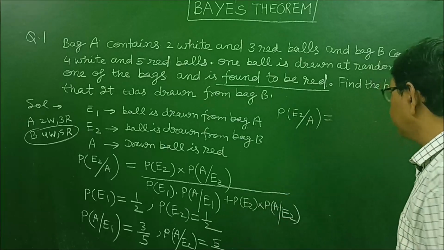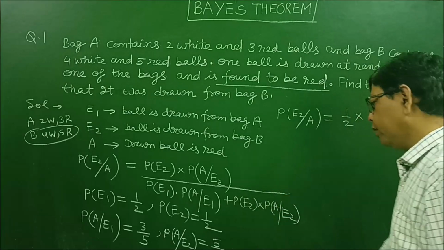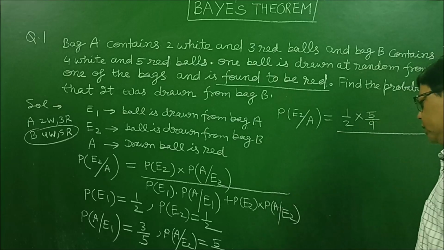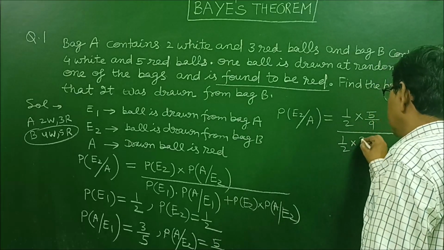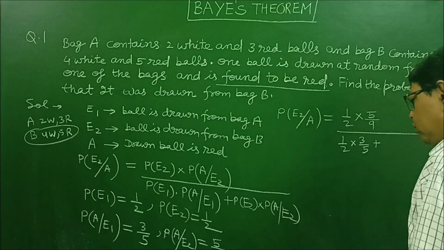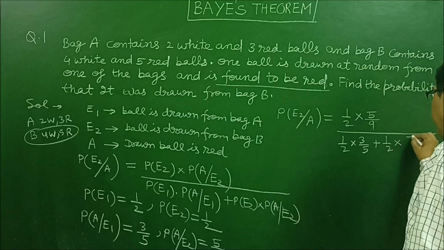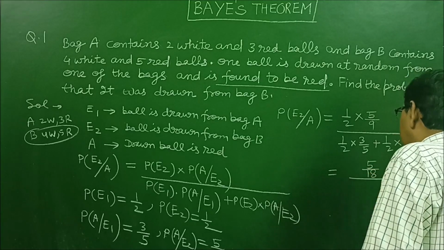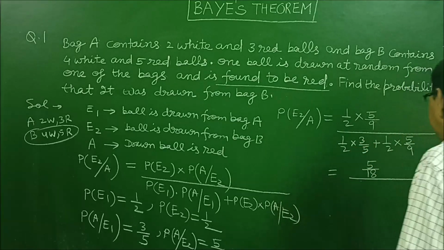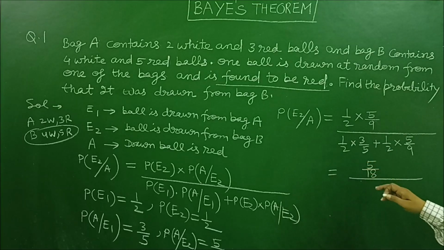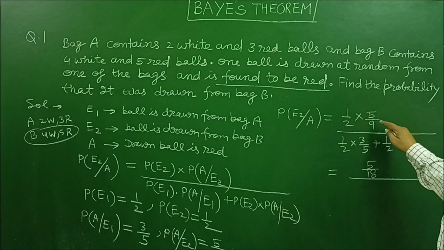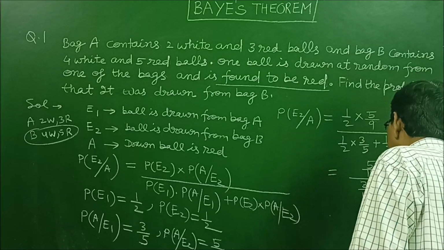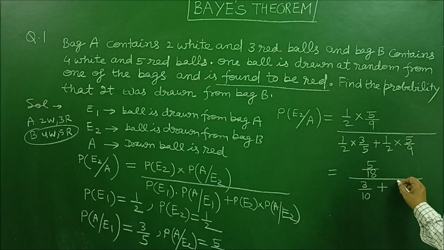Probability of E2 is 1 upon 2 into probability of A slash E2 is 5 upon 9, upon 1 upon 2 into 3 upon 5 plus 1 upon 2 into 5 upon 9, which is equal to 5 upon 18 divided by 3 upon 10 plus 5 upon 18.